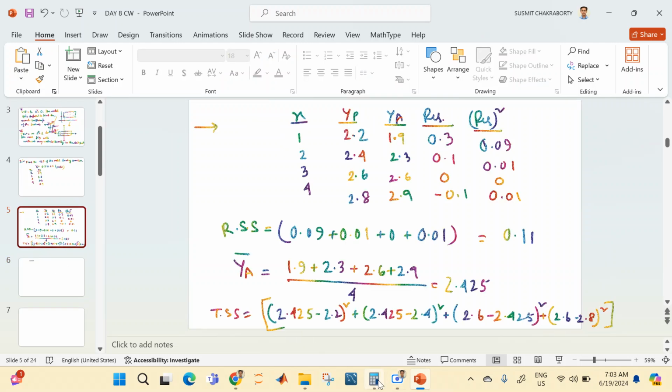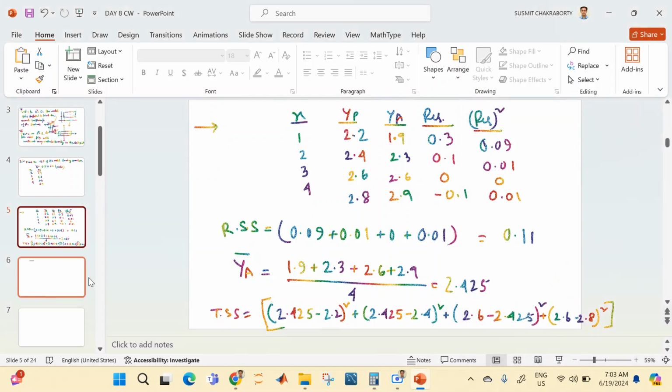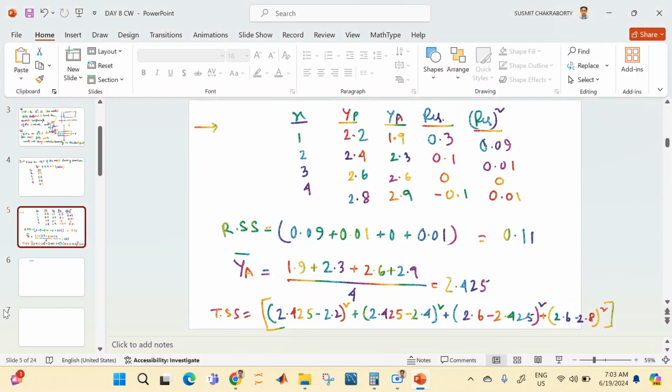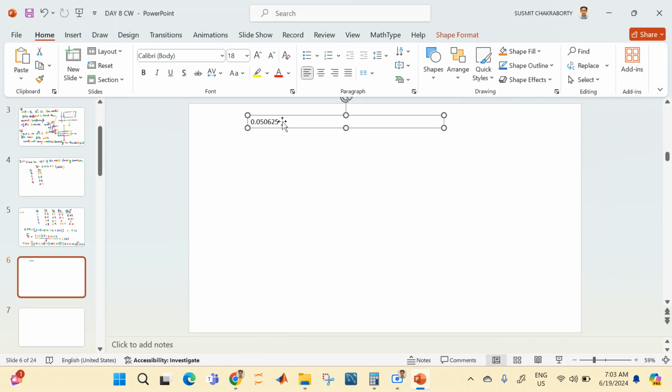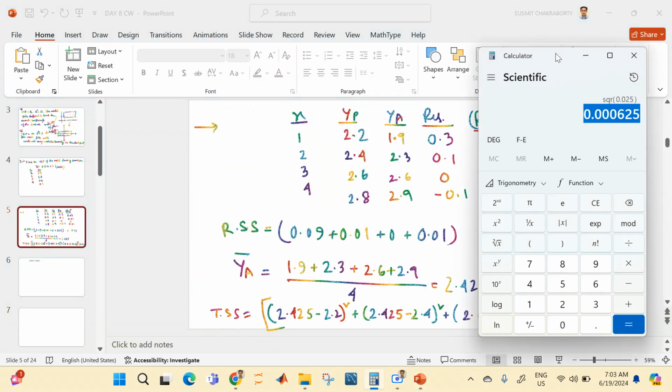Then 2.425 minus 2.4 is 0.025, and its square is 0.000625.